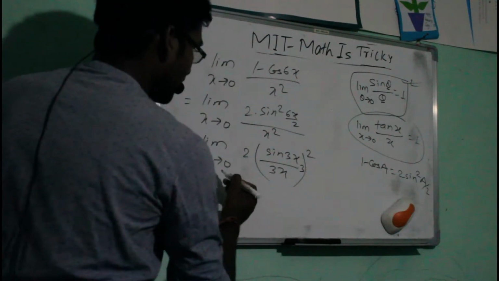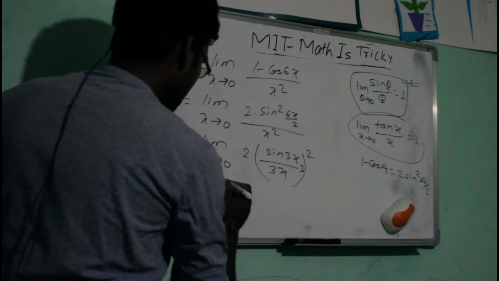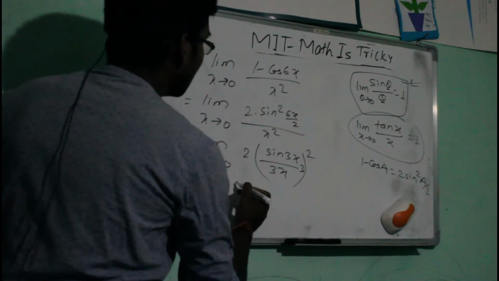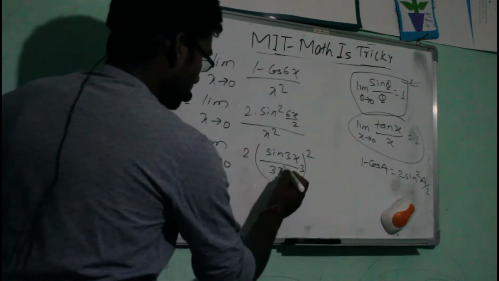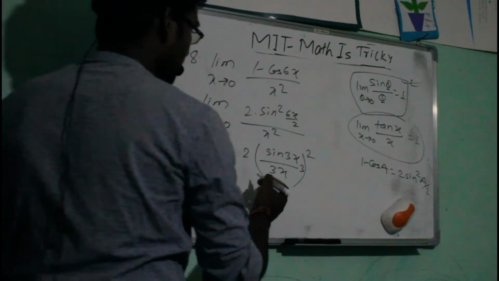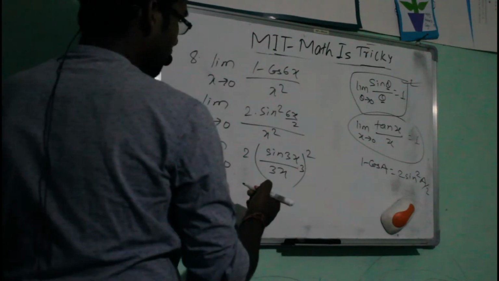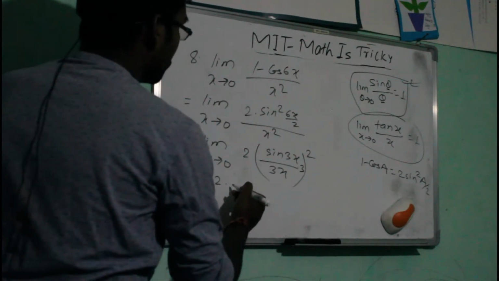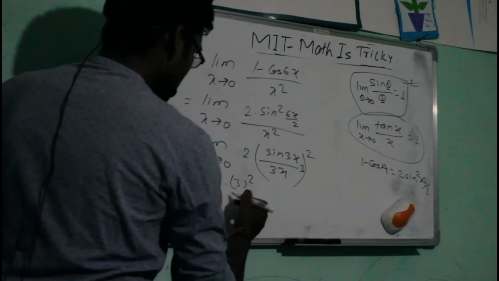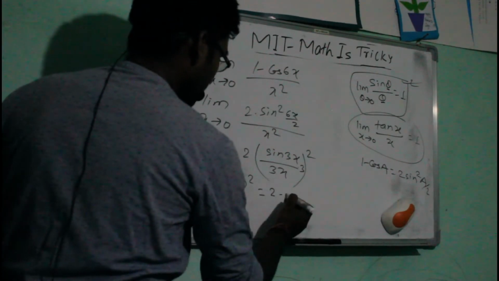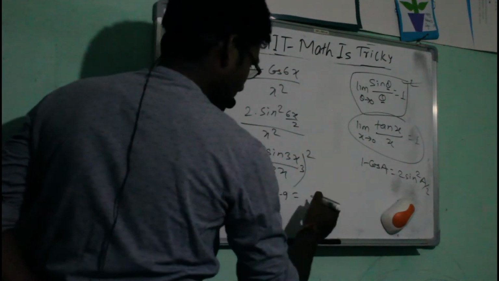Now the answer will be: this is 1, so 2 into 3, and 3 is managing this, so the remaining is 3 square, so simply it is 2 into 9, 18. Here the answer is 18.